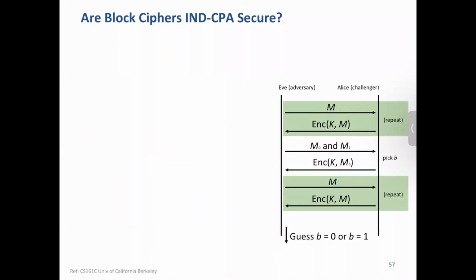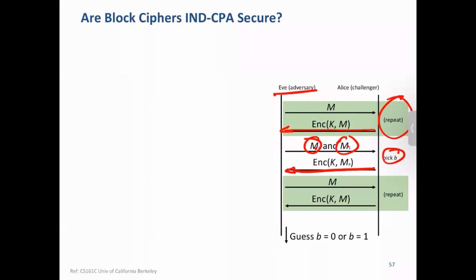You look at it this way: initially Eve tricks Alice into encrypting messages, so she does this round several times, and then she sends M0 and M1, and Alice picks one of these.